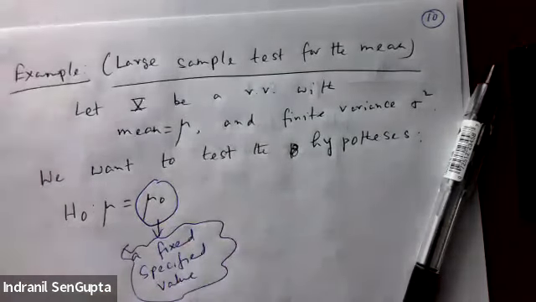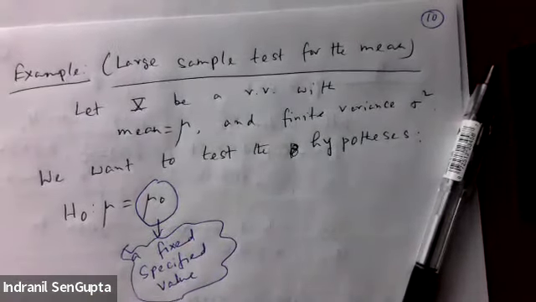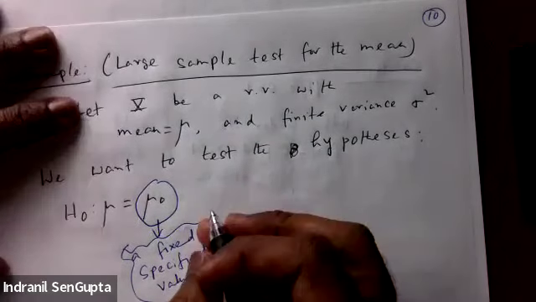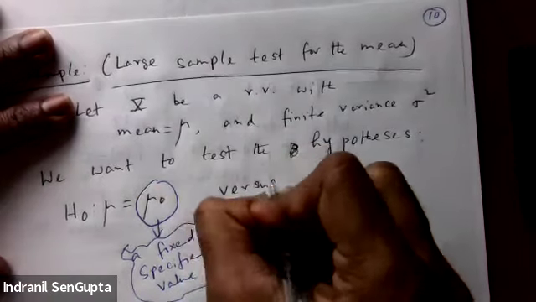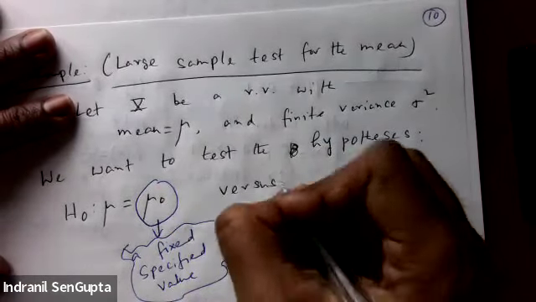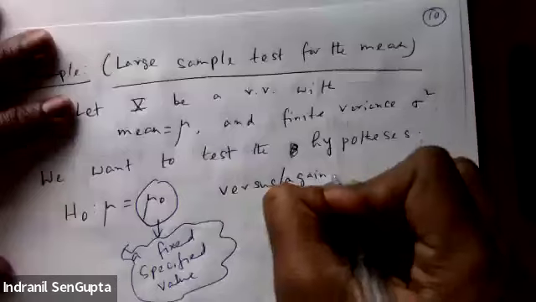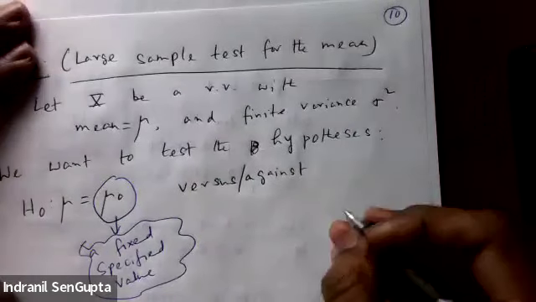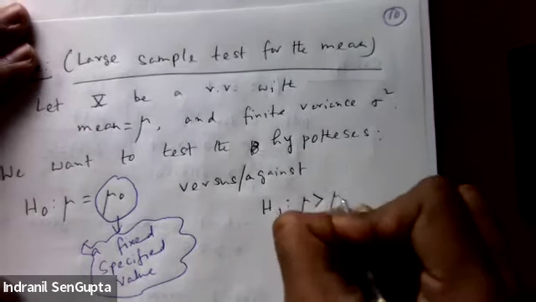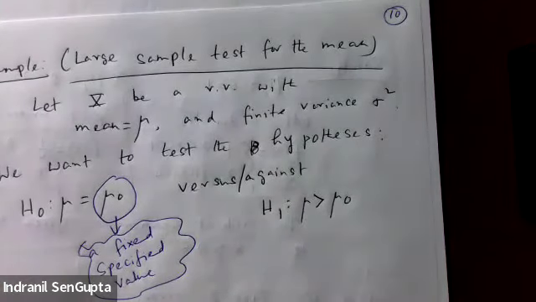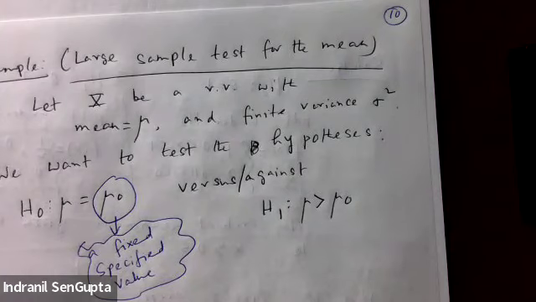For instance, you can think of this as 5. So we are trying to test if mu equals mu0 versus H1, mu is bigger than mu0. For instance, if your mu0 happens to be 5, the hypothesis is mu equals 5 against the alternate hypothesis H1, mu more than 5.